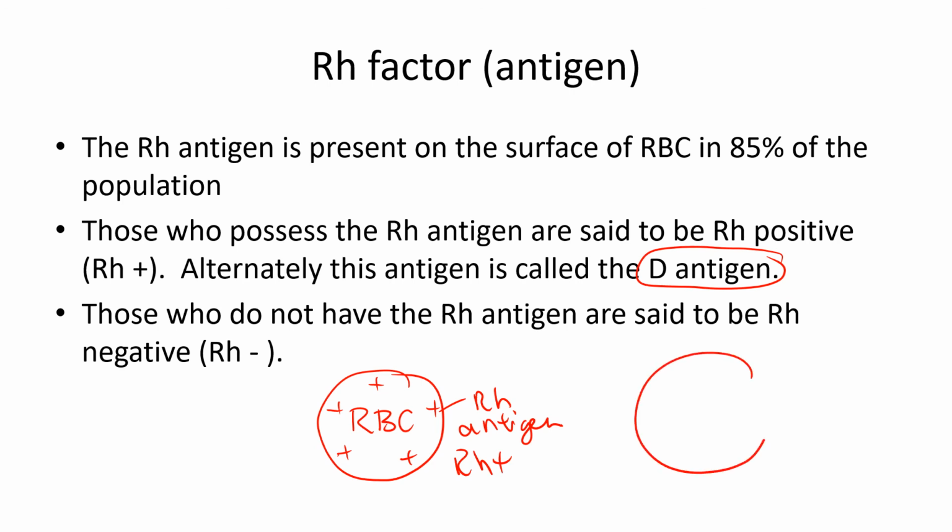Let's take a look at another red blood cell. This red blood cell has no Rh antigens, so I'm not drawing anything on this red blood cell surface. Because this person lacks the Rh antigen, we're going to say this person is Rh negative. So let's talk about it this way.